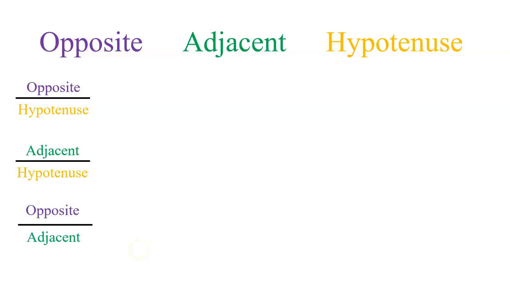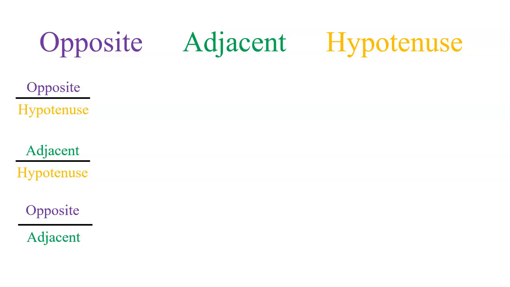Now, because I'm writing them in ratio form, and they do represent lengths of sides of a right triangle, opposite to hypotenuse could have been the opposite side maybe 3 units long, while the hypotenuse was 5 units long.